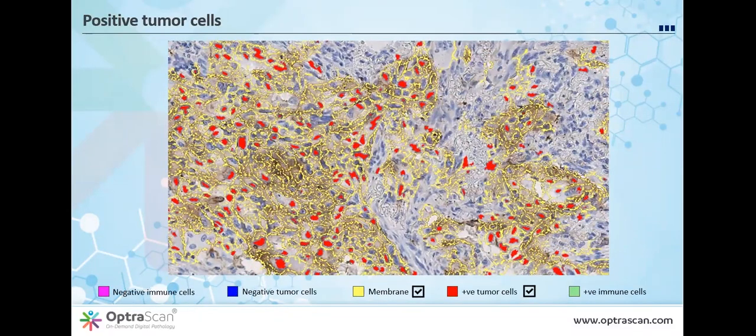Interesting. Now, if you see at your bottom, we're looking at positive tumor cells. Everything in red has been identified as positive tumor. But, oh well, when I take a closer look, there are still a few cells within the membrane which are not red. Are they not tumor?